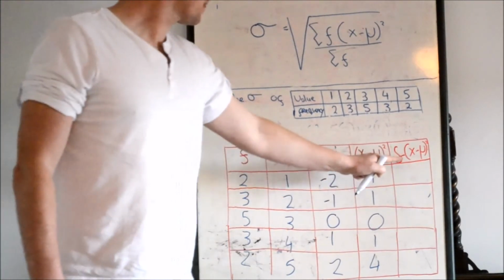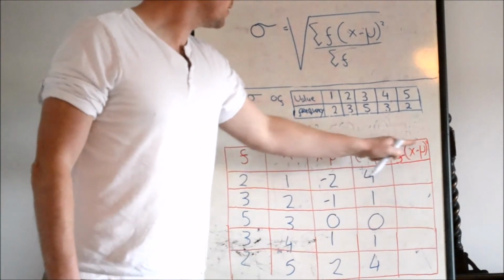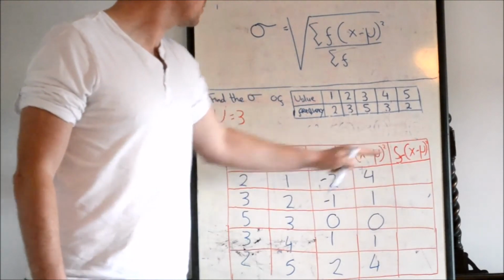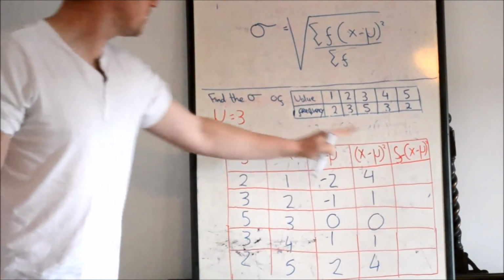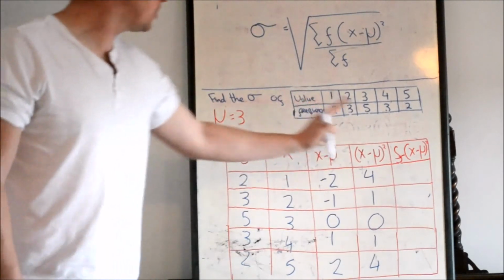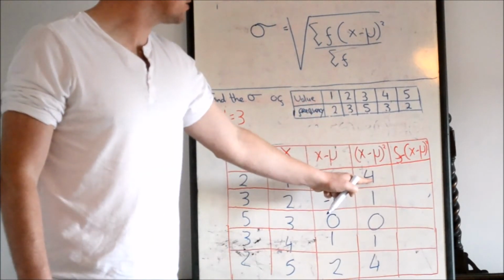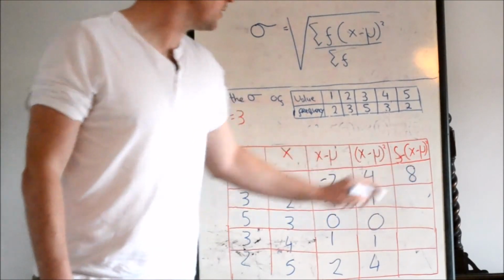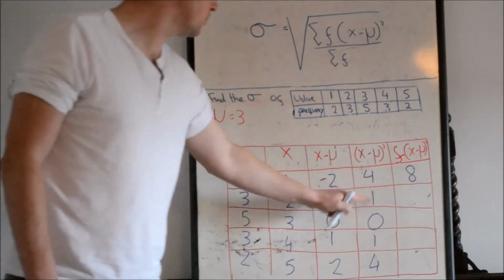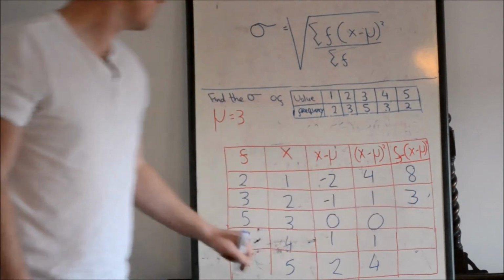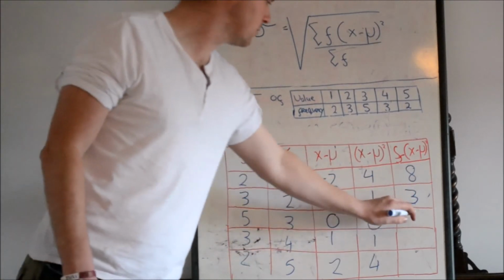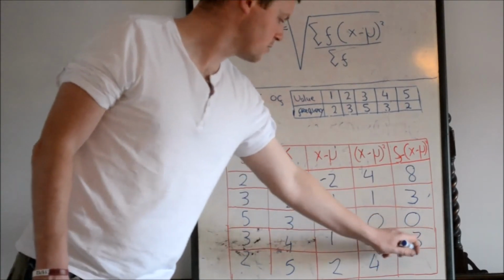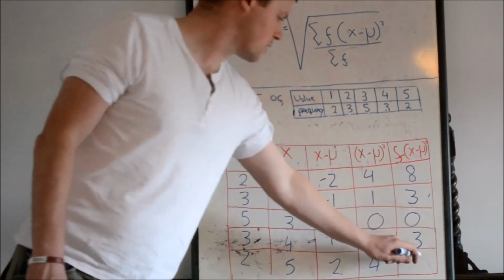So 2 multiplied by 4 is 8. 3 multiplied by 1 is 3. 5 multiplied by 0 is 0, 3 multiplied by 1 is 3, and 2 multiplied by 4 is 8.